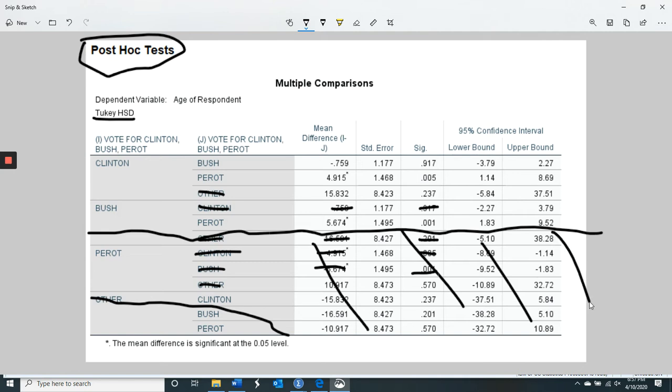So we just have to be careful with that. When we do correlations later on, it's the same problem. It just gives you the numbers twice. So we have to remember to play the game along with that machine and not get too confused. We really have just three numbers: Clinton versus Bush, Clinton versus Perot, and Bush versus Perot. There's three groups. Those are all the comparisons that we need to make.